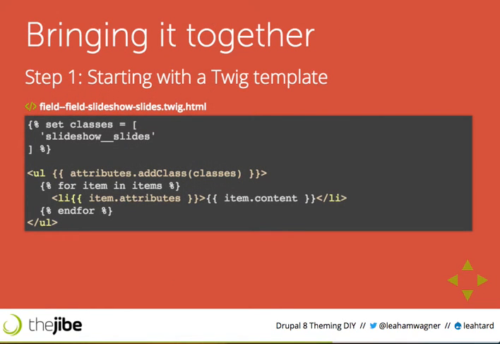What lets us bring it all together is the Twig template, another lovely part of Drupal 8. What we're looking at here is the Twig template that would probably be rendering the code we looked at in the first example. So I'm going to take you step by step through the way we would add stuff to make this possible.